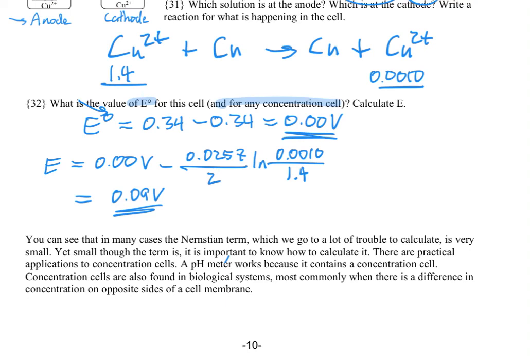It allows us to find the cell potential for a galvanic cell. Remember, that's always going to be positive under any condition that we chemists or chemical engineers can create in the laboratory. And using the Nernst equation, we're able to understand concentration cells, which allow us to have the same ingredients on both the anode and cathode sides and create a little bit of potential by way of a concentration difference. All right, that'll do it.